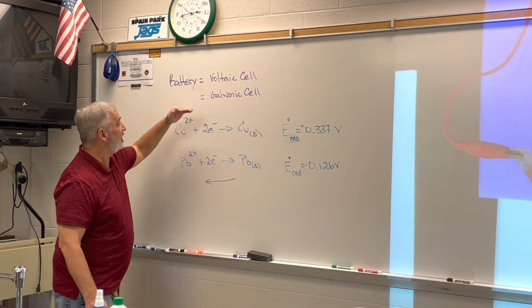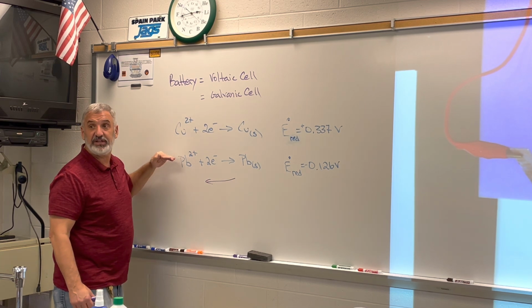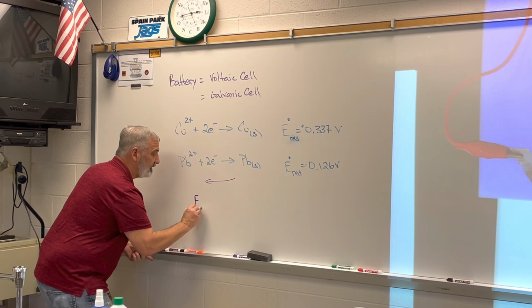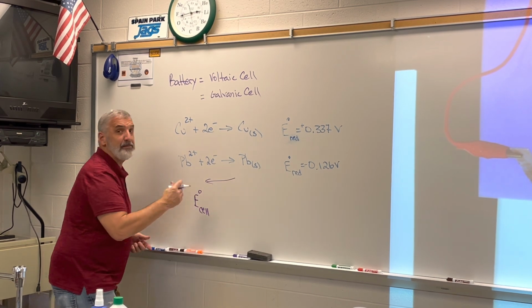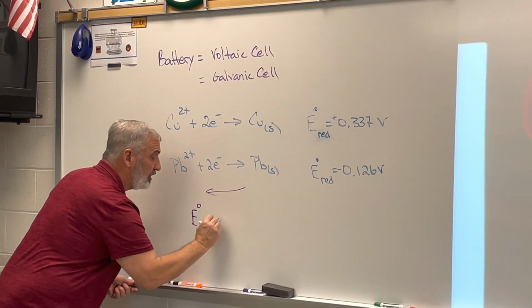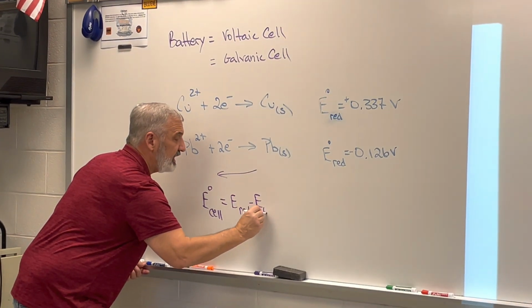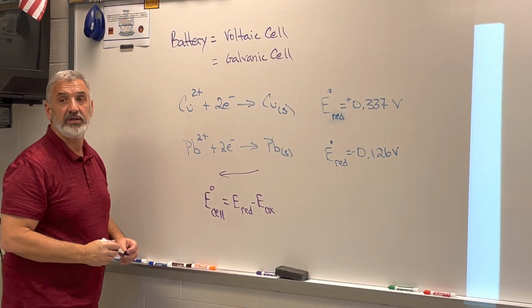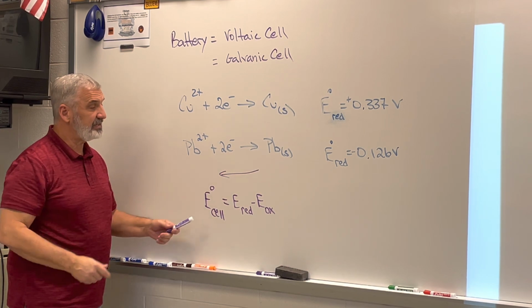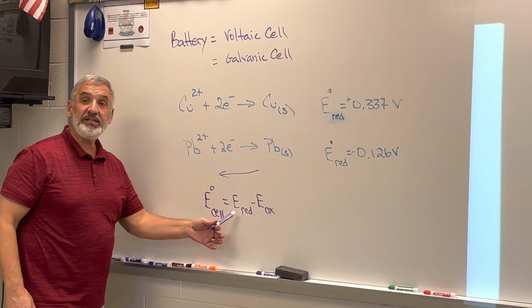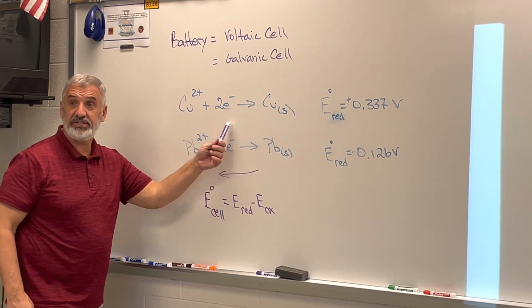But we can get the voltage of the battery that we're going to make. We can say E cell, my battery, is going to equal E red minus E ox. The thing that's getting reduced, which one of these two do we say is getting reduced?